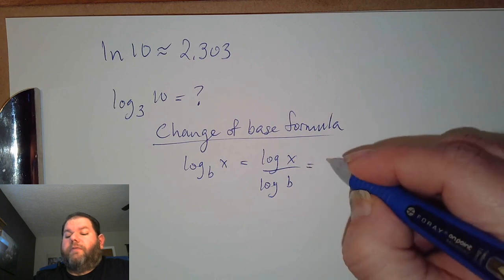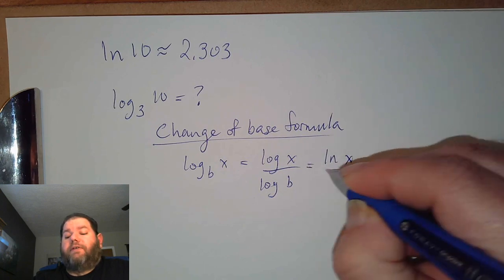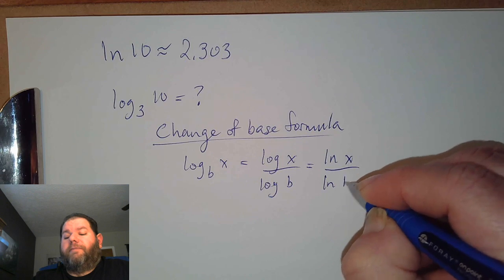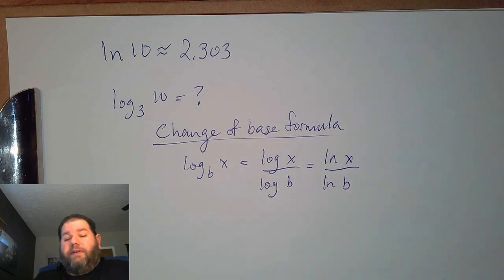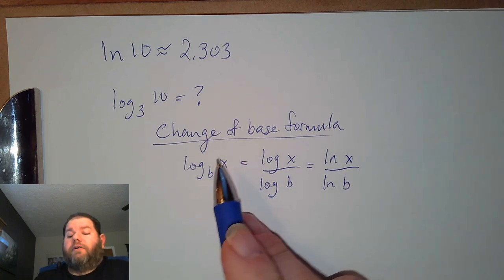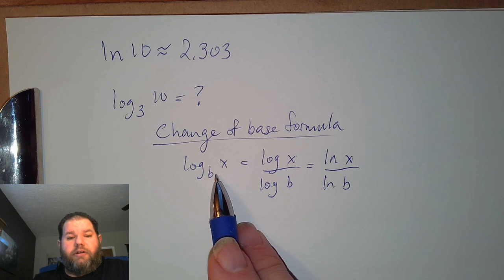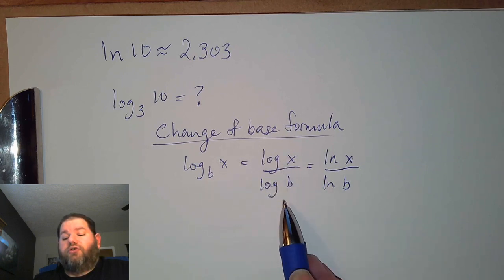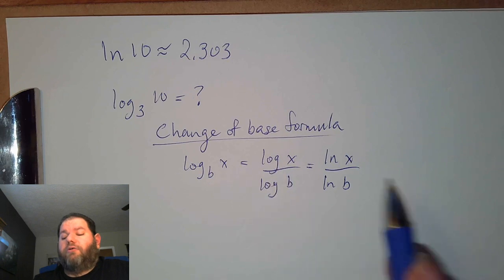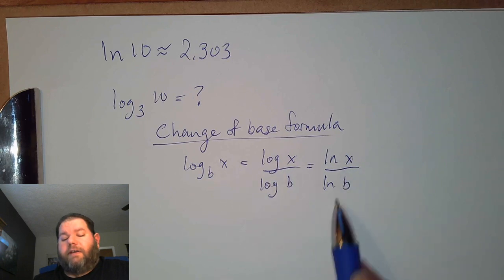It's also equal to natural log of x divided by natural log of b. What that means is, if we have a log of some base that we cannot do in the calculator, usually anything besides 10 or e, then we can turn it into a quotient of log base 10s or a quotient of log base e's.